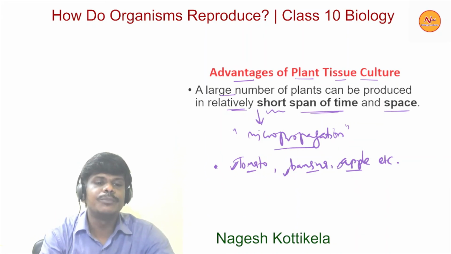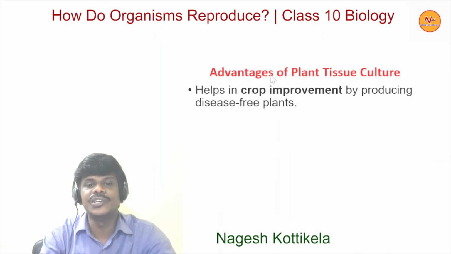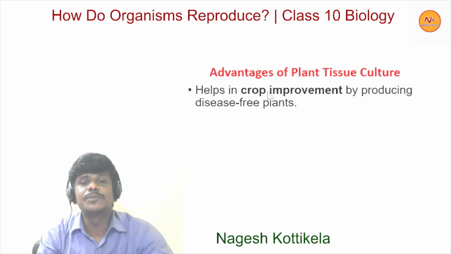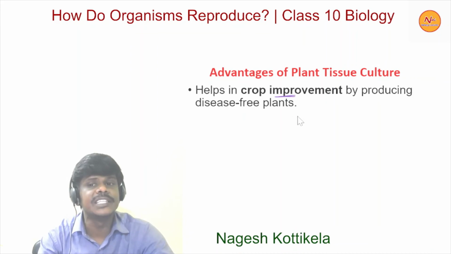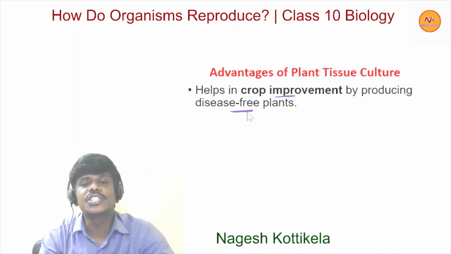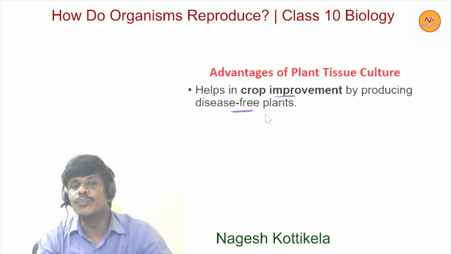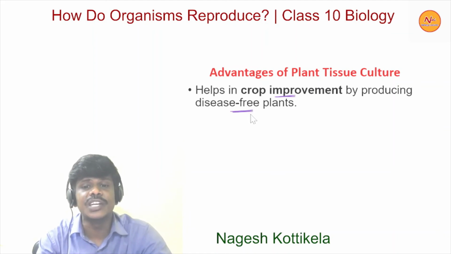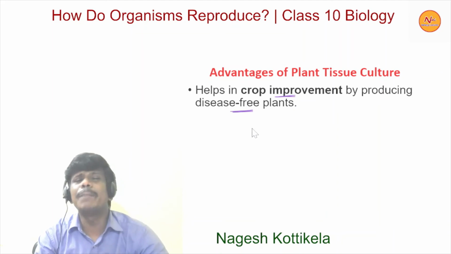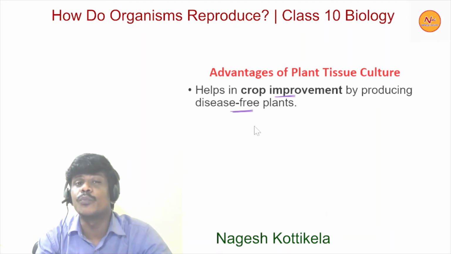And one more important advantage is that this technique, plant tissue culture, helps in crop improvement by producing disease-free plants. So by tissue culture we can produce disease-free plants even if the plant is infected with a virus.